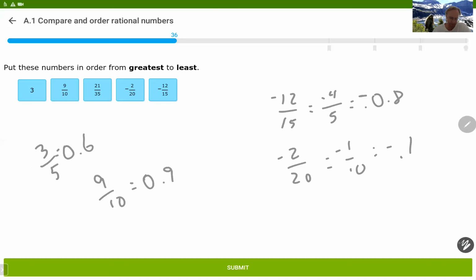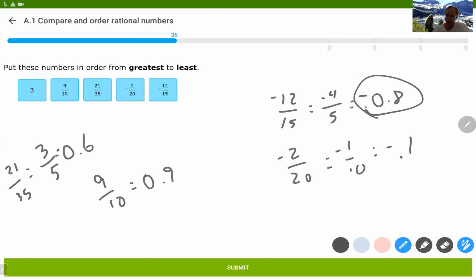Oh, back on again. That's the 21 over 35. I'm gonna have to get used to writing everything down. And then we've got our negative 0.1, and then we've got our negative 0.8. Now the negative 0.8 is a larger negative, which makes it smaller. So it's greatest to least now.